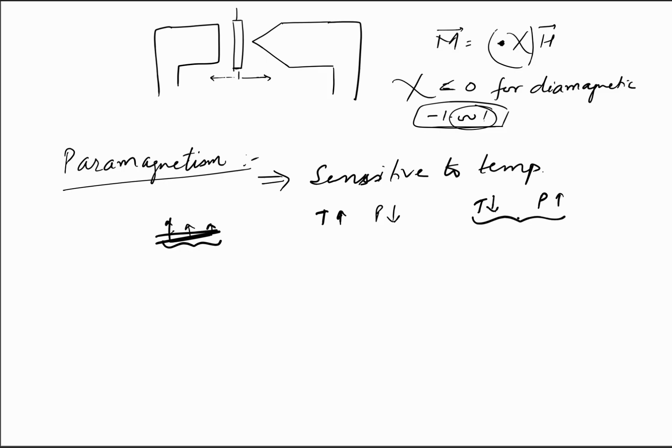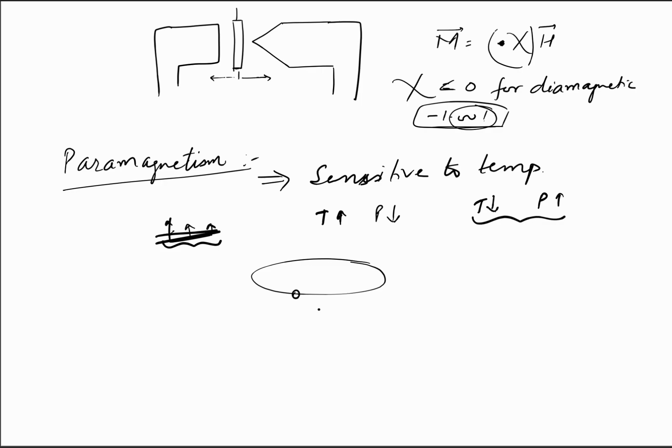Now this effect of paramagnetism can be explained by the precession of the magnetic moments when we apply an external field on the material. By classical theory, we know that electrons are rotating with the orbital motion as well as the spin motion, so they have an angular momentum.